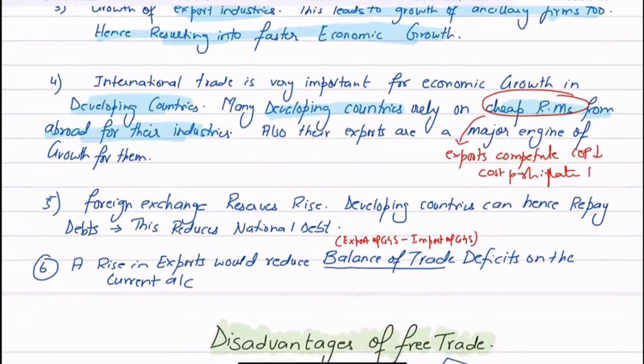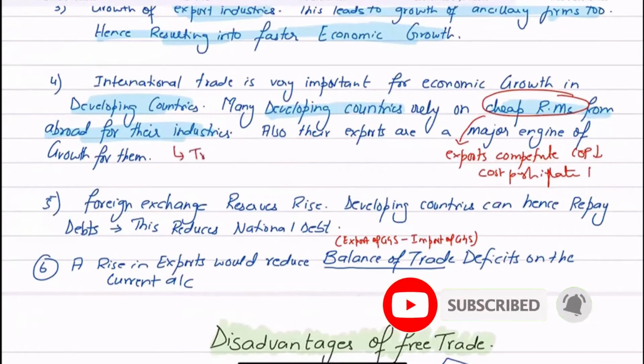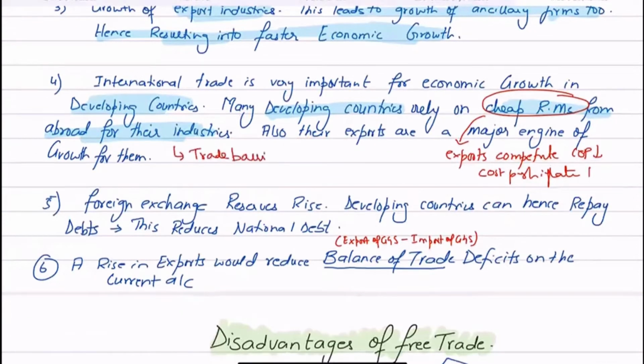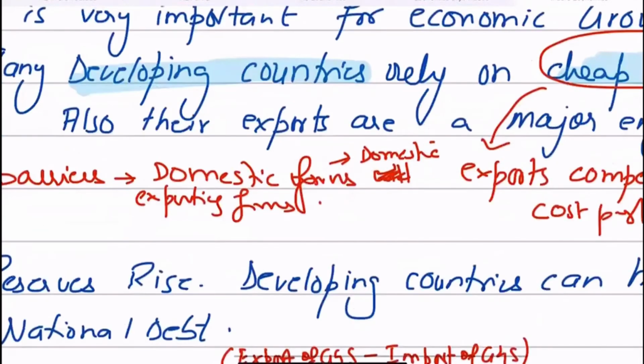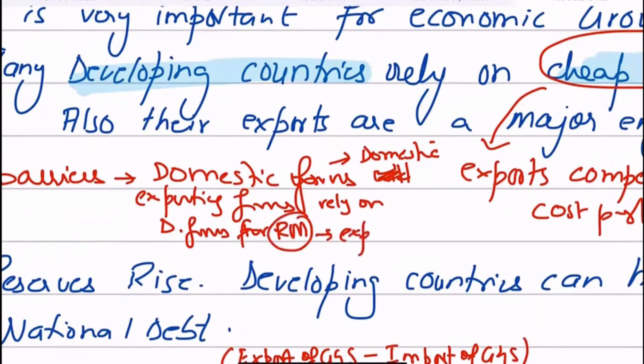So domestic firms in that case, listen to this line very carefully, if you impose trade barriers, domestic exporting firms would have to rely on domestic firms for raw material, right? And this raw material would obviously be expensive.